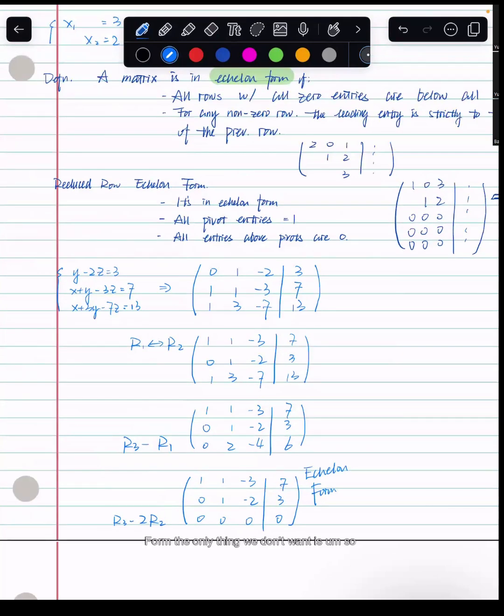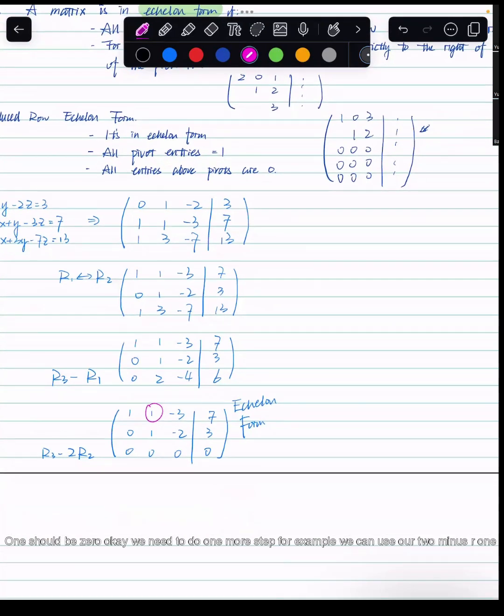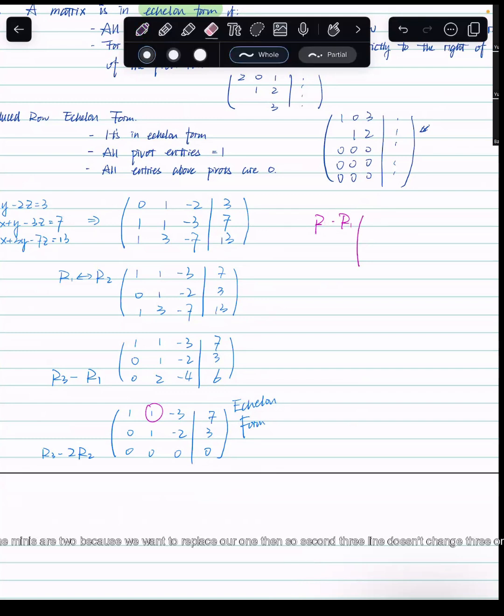To get to the reduced echelon form, all my pivot entries are 1 now, but I want all entries above pivots to be 0. So this one should be 0. We need to do one more step. For example, we can use R1 minus R2, because we want to replace R1.